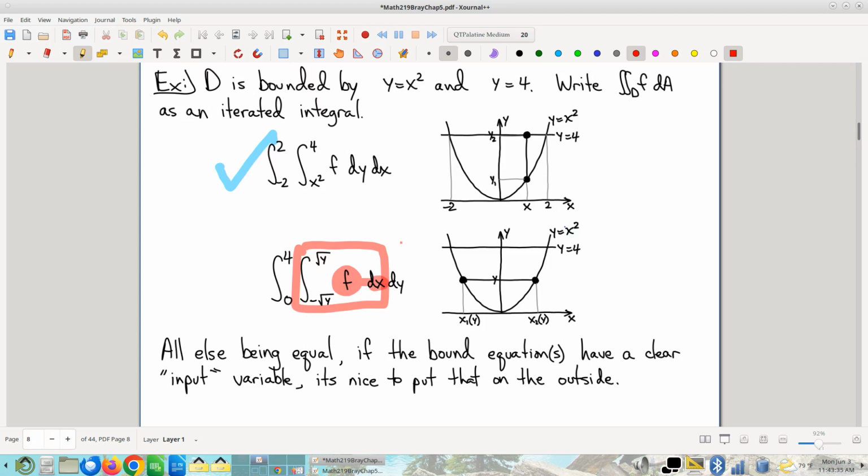Doesn't seem bad until you realize that you're going to have to plug these bounds into that antiderivative. So those bounds are going to be part of your integrand for your outside integral. While you're doing your dy integral, you're going to have square root of y all over the place.